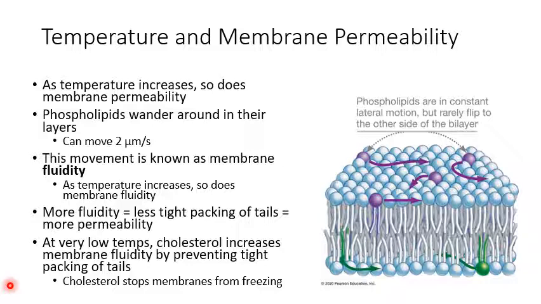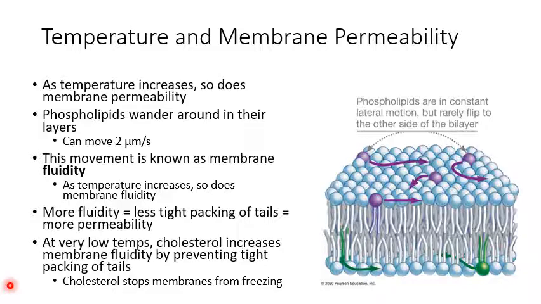So when we're at normal temperatures, having more cholesterol makes the membrane less permeable because it forces the phospholipid tails closer together. But when you're at a low temperature, the tails are trying to get as close together as possible and pack in as tightly as possible before freezing. And the cholesterol is just getting in the way. There's only so close together those tails could get if you have cholesterol in between them, blocking them.